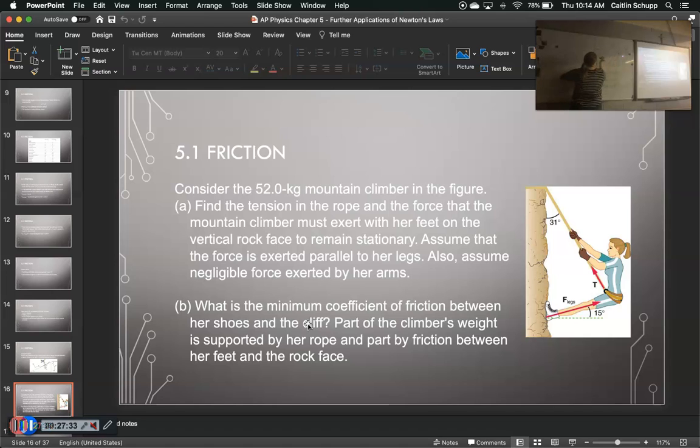Then we've got TX that points this way. We've got F applied X. And we've got normal. And down here, we have W. Now, not all of my forces are drawn to scale, like they were in those diagrams you saw yesterday.